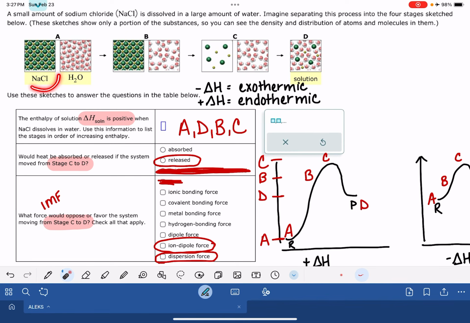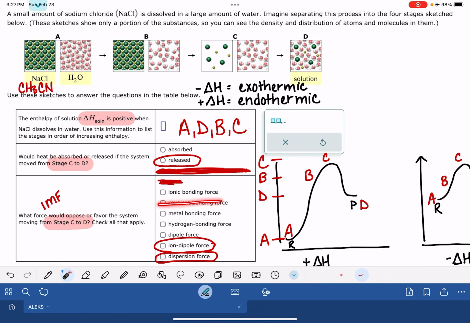Now, not all of our solutes are ionic compounds. Some of them are intact molecules. I'm trying to think of some of the ones that I've seen. Let's see, I saw CH3CN, which is molecular. It is not ionic. So if it was CH3CN, we wouldn't have ions present, and we would be choosing different IMFs, like perhaps dipole forces.